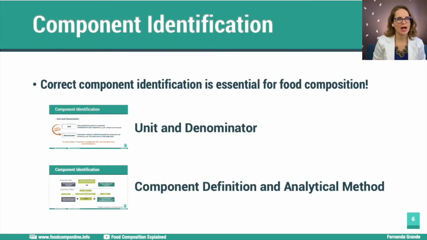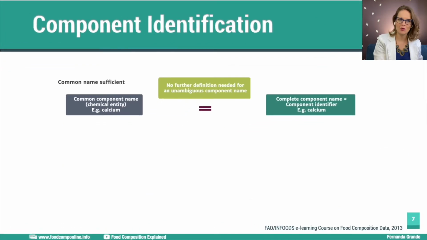And the second aspect that we always need to check regarding the component identification is the component definition and analytical methods used. Regarding this part of the component identification, we can have two different situations depending on the component. For some components, the common name of the component is already enough for an appropriate component identification.